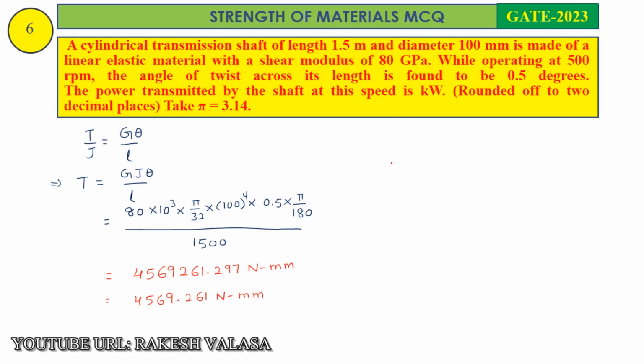Here he is asking for the power transmitted by the shaft at this speed. So P equal to 2 pi NT by 60. So 2 pi, speed is 500 rpm, torque is 4569.261, by 60. By using the calculator you can find this value.